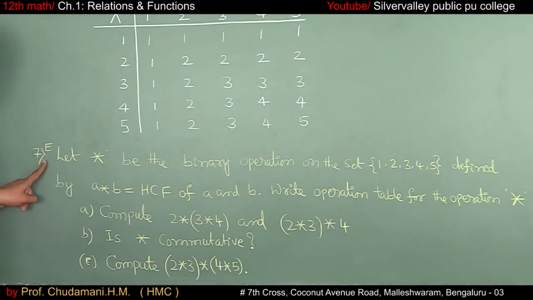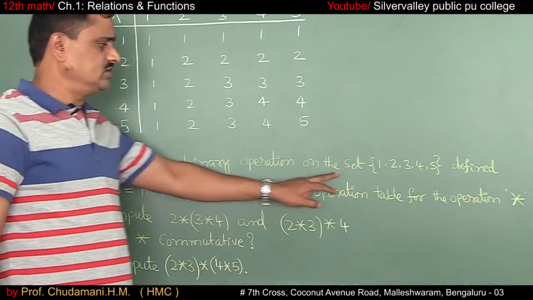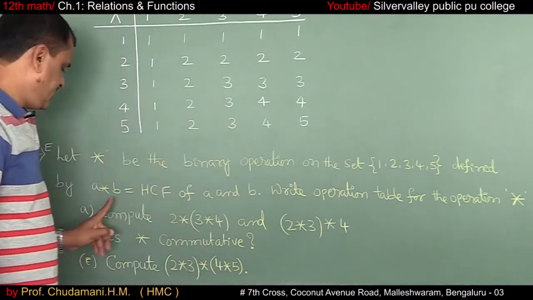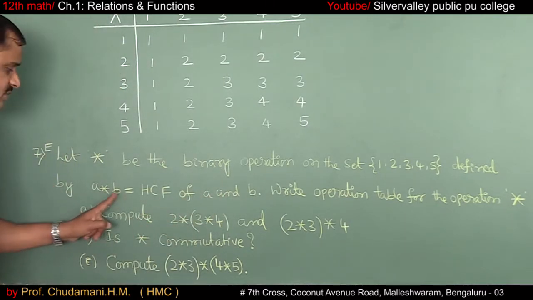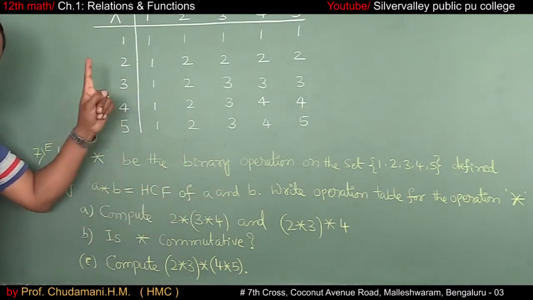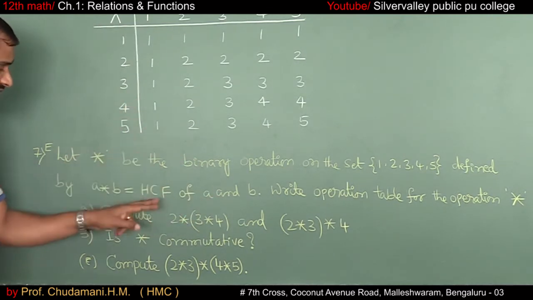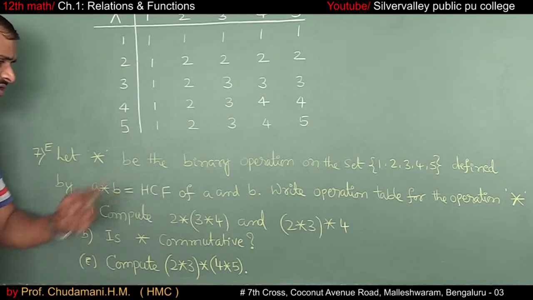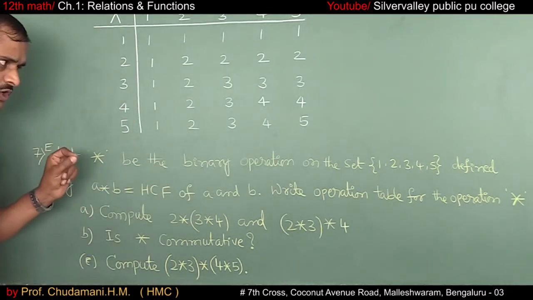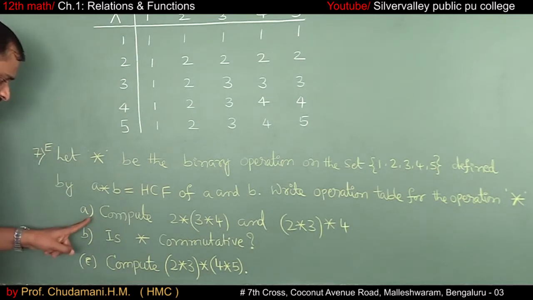Okay. The seventh one, an exercise problem again. Let star be the binary operation on the set 1, 2, 3, 4, 5 defined by A star B equals highest common factor of A and B. There it was minimum of A and B, here it is HCF of A and B. Write the operation table for the operation star.